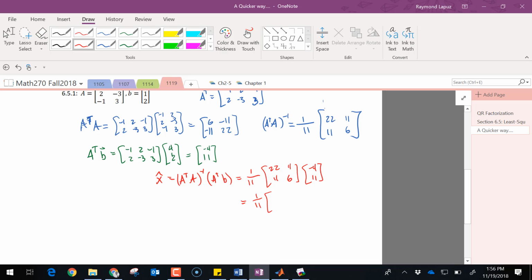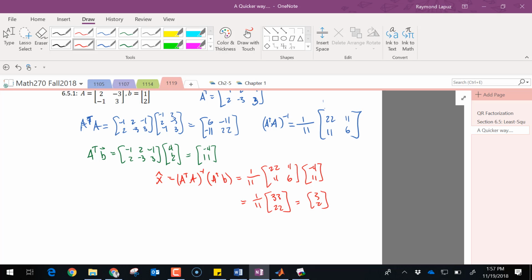So 22 times 4, negative 88, plus 121, 33. And negative 44 plus 66, 22. So that's exactly our solution from last time, where we did everything from scratch from the projection point of view. But now we did it according to the theorem, and we got the same result, which is good.